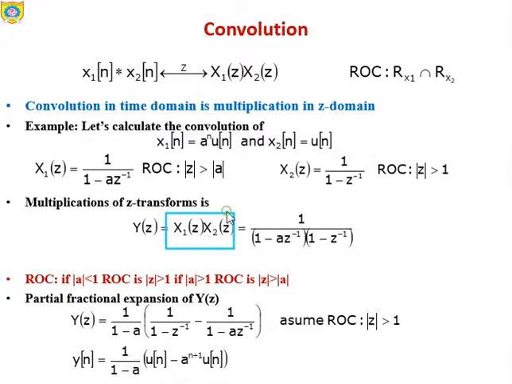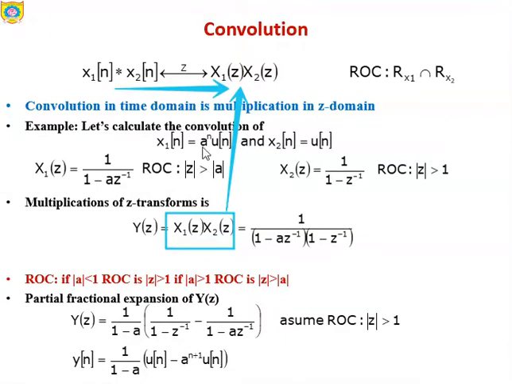The convolution property, which is pointed out over here. Convolution of two sequences will result in multiplication of these two in the z transform. So that is what is done over here. X1 and X2 of z are calculated and their multiplication is resulted over here.